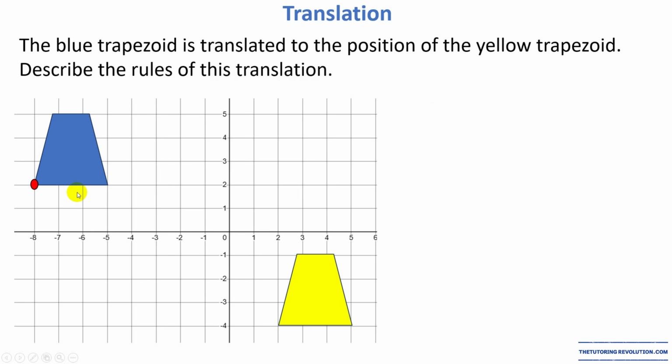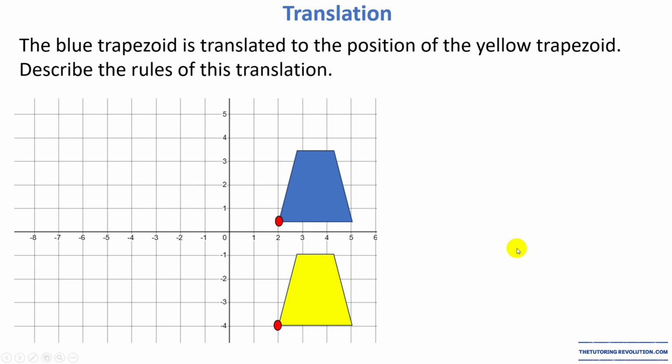To do that, we're going to mark the blue trapezoid with 1 point in one corner, and we will mark the yellow trapezoid with a point in the same or the corresponding corner, so we can track the motion. So this is the movement that is going to happen for the blue trapezoid to be in the same position as the yellow trapezoid.